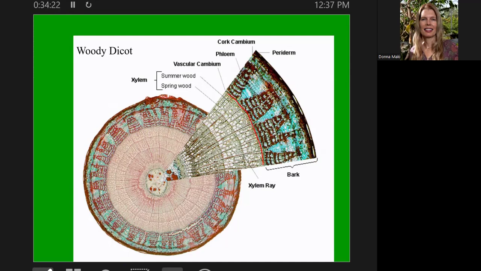Okay, so the bark on the trunks of trees is very well designed for protection, very hydrophobic. When you think about all the water coursing through the xylem with the minerals dissolved in it, and then the sugars coursing through, it's pretty attractive, especially for bugs, to want to get in there.